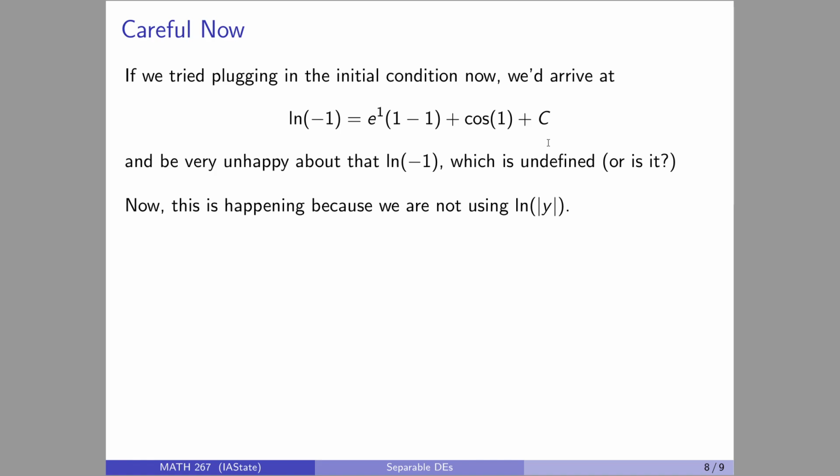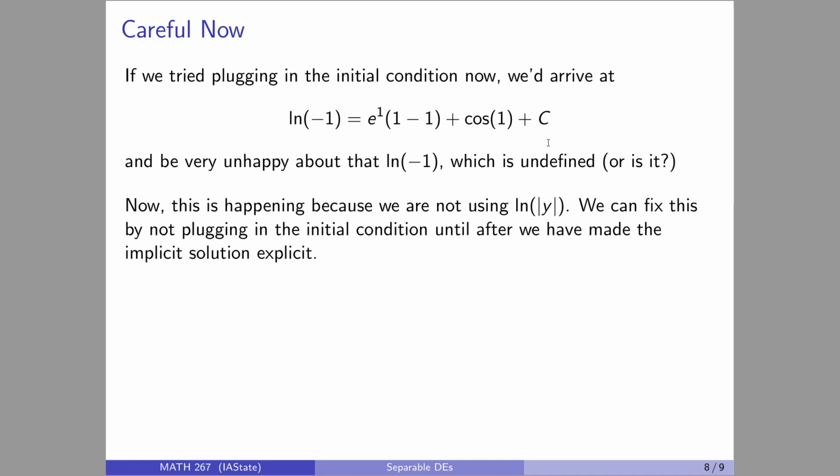All right, so what's the fix? Do we need to include the absolute values? Well, no, we don't, and I'd prefer not to, because in my opinion it just complicates the matter. The fix is that when you are trying to plug in an initial condition, we're going to want to do that after we have made an explicit solution out of the implicit one.